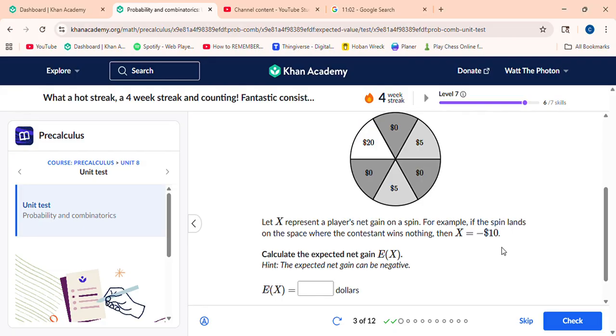Let X represent a player's net gain on the spin. For example, if the spin lands on a space where the contestant wins nothing, X equals -$10. Expected gain.